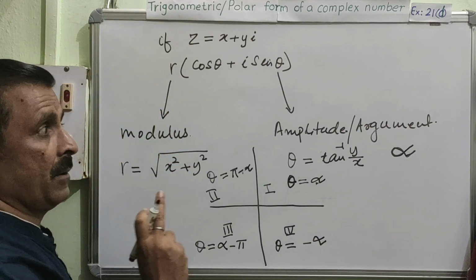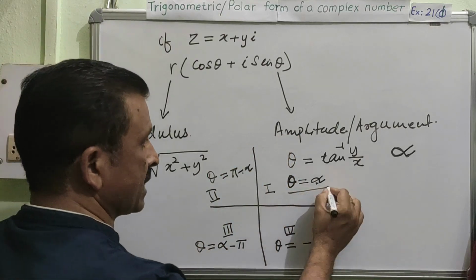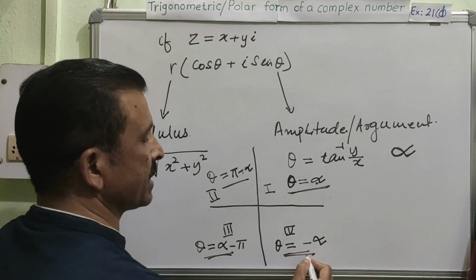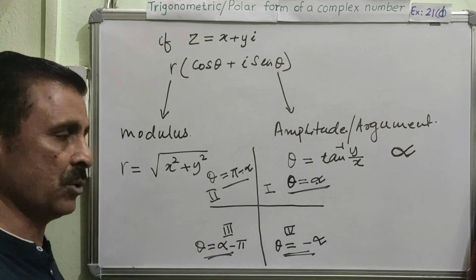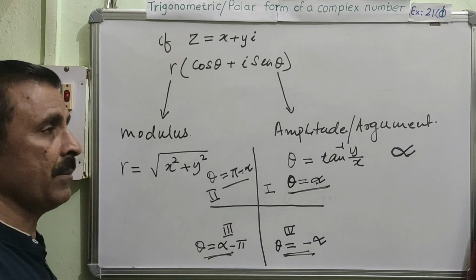So for finding the amplitude, please take a note of this, and this. Is it okay? So with this only we will be able to get the actual amplitude. Alright. So after this, now we are going to take some questions.